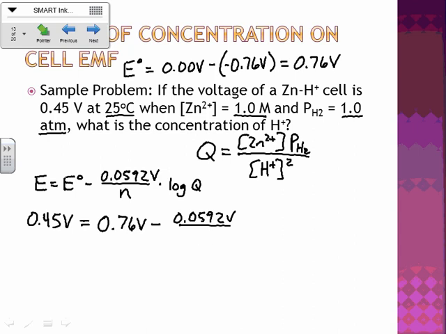Again, I had to erase the equation, but you guys should have that on your sheets, times the log of Q. Alright, so we can work all of this out, and we can get log of Q on a side by itself, which would probably be the best thing to do here, and then we'll talk about how to solve that.